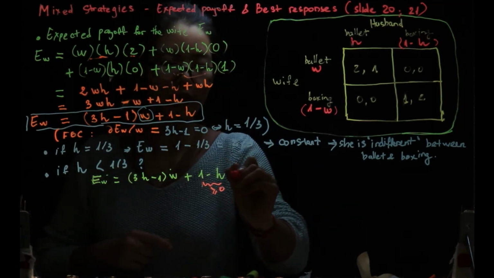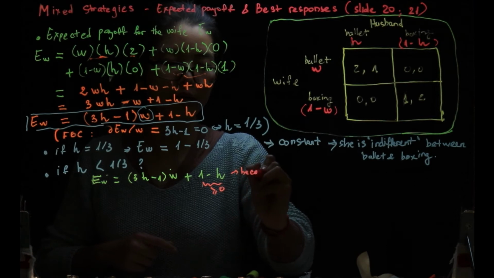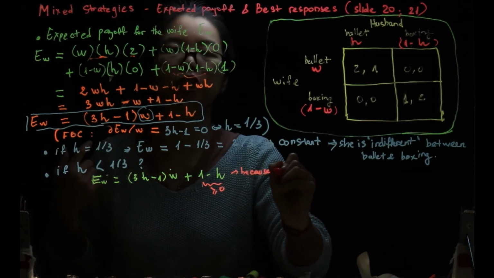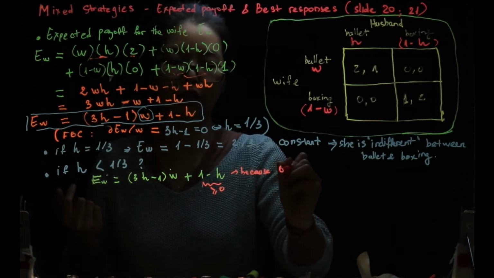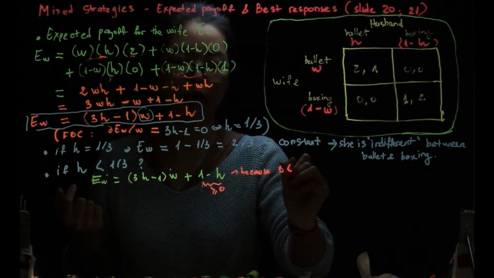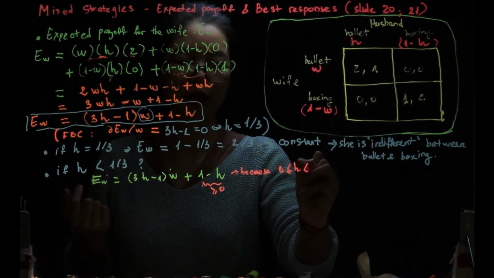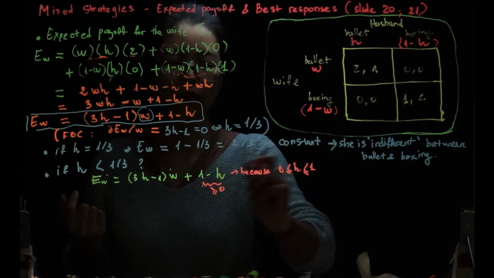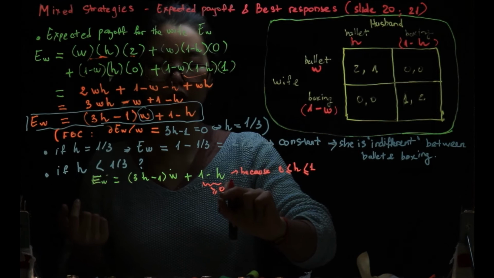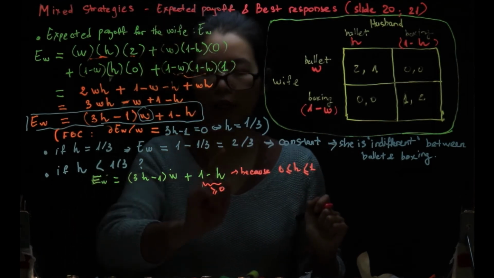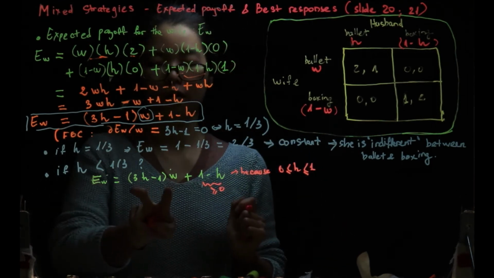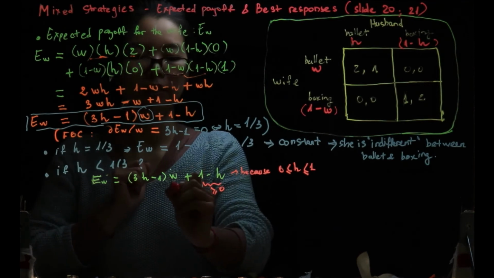Why? Because H is a probability. By construction, its value must fall somewhere in between 0 and 1, right? So this term will not be negative anyhow. Go back to the first term.